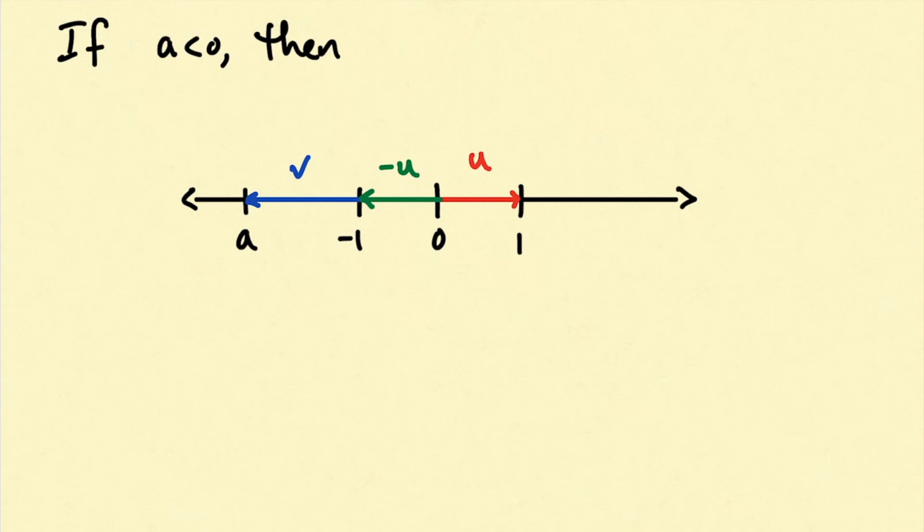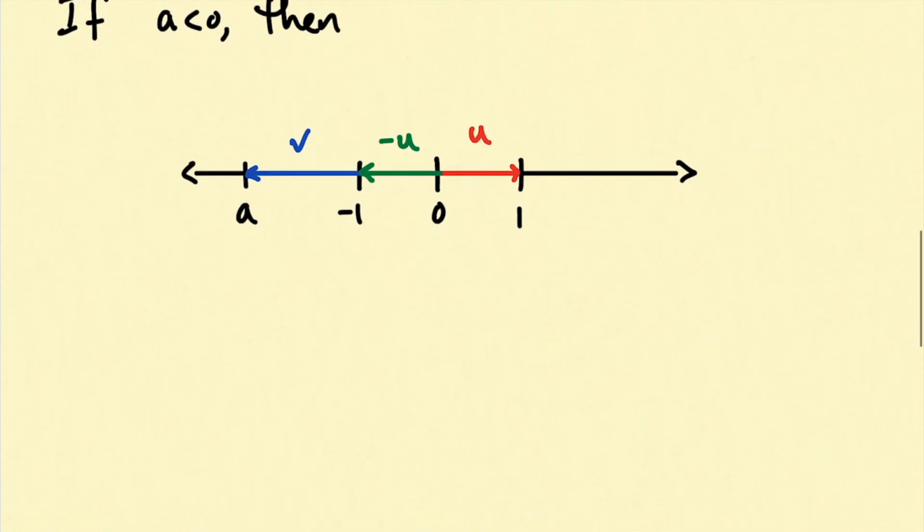Or if a is smaller than 1 in absolute value, we can think about compressing the vector minus u by a factor of a to get v. So from this perspective, we can very easily understand how scaling works in R1.